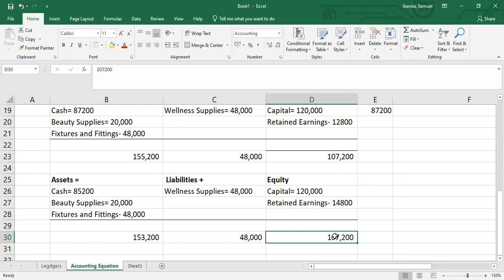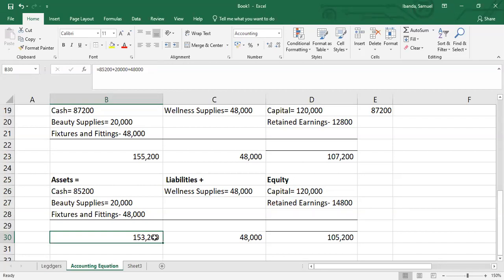When I add this, 120,000 less 14,800 gets me to that. When I add these two, it gives me 153,200. Does it total to the total assets? Yes.